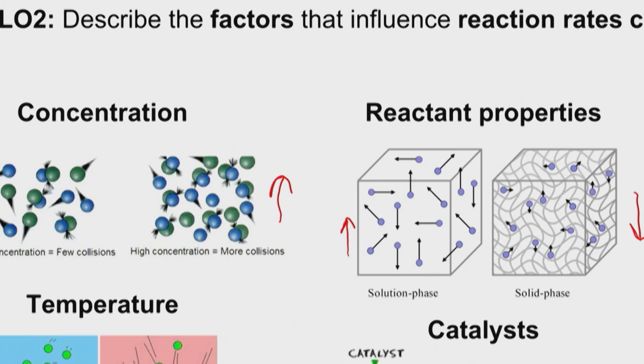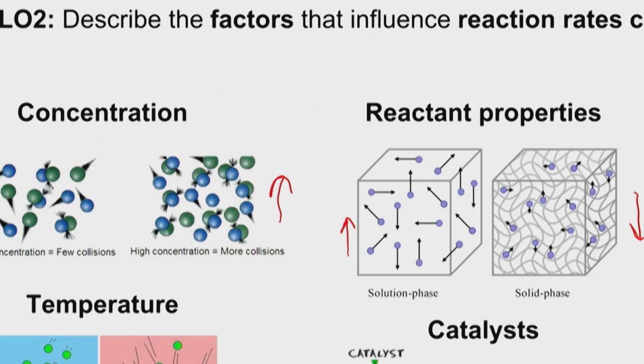We can also talk about temperature, okay? When you increase temperature, you increase the amount of kinetic energy in the system. Energy is not created or destroyed, it has to go somewhere. So when you add temperature into the system, you're adding energy into the system, and that's going to result in kinetic energy of the molecules. It means they're going to move faster, okay? A high temperature means that they're moving a lot faster.